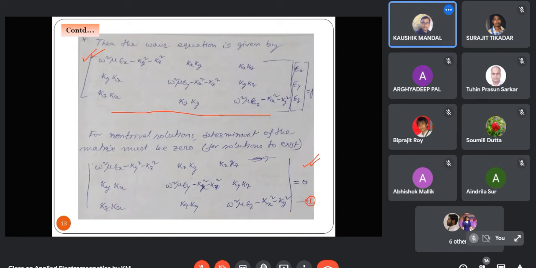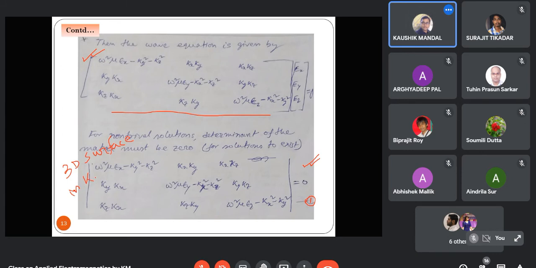Now, this determinant, if you simplify it, will represent a three-dimensional surface in k space.